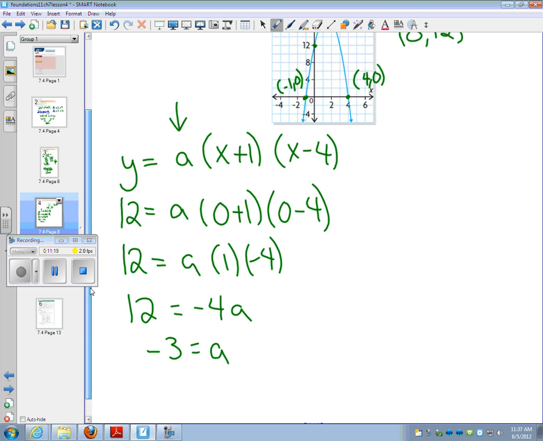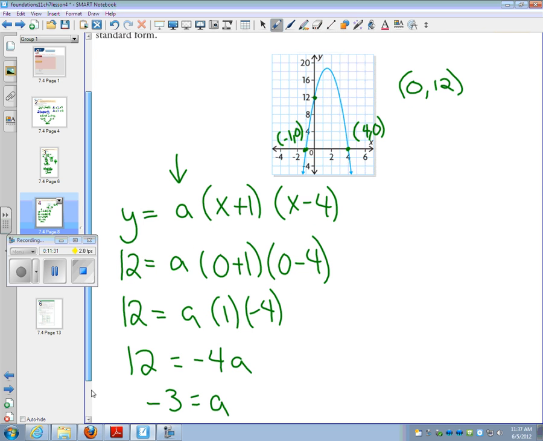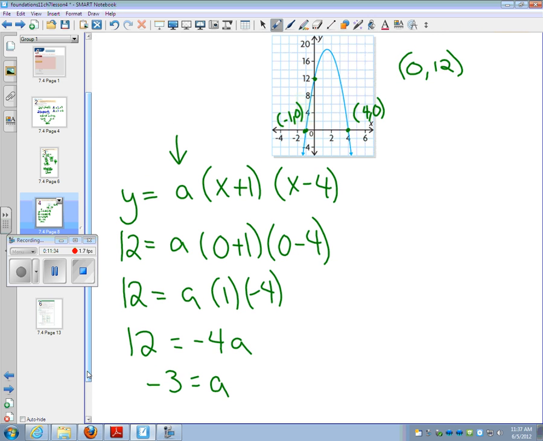And if you think about it, that's starting to look right. That makes sense because it's a parabola that opens down, so it makes sense that I should have a negative value there. Now I'm subbing back in to get standard form, so no factors. y equals -3 times (x plus 1)(x minus 4), and I've got to expand this.